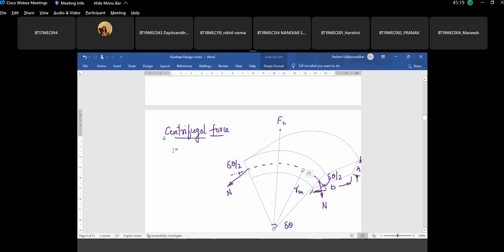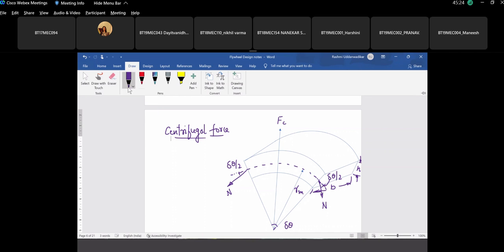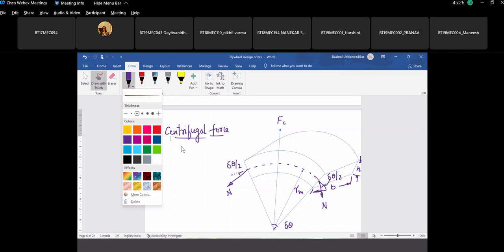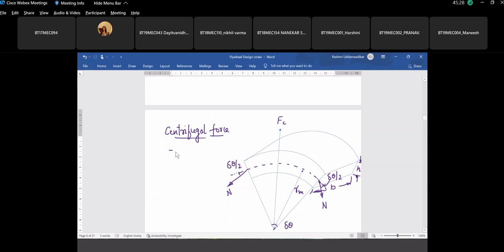So this centrifugal force is given by m v square by r. Here it is rm.